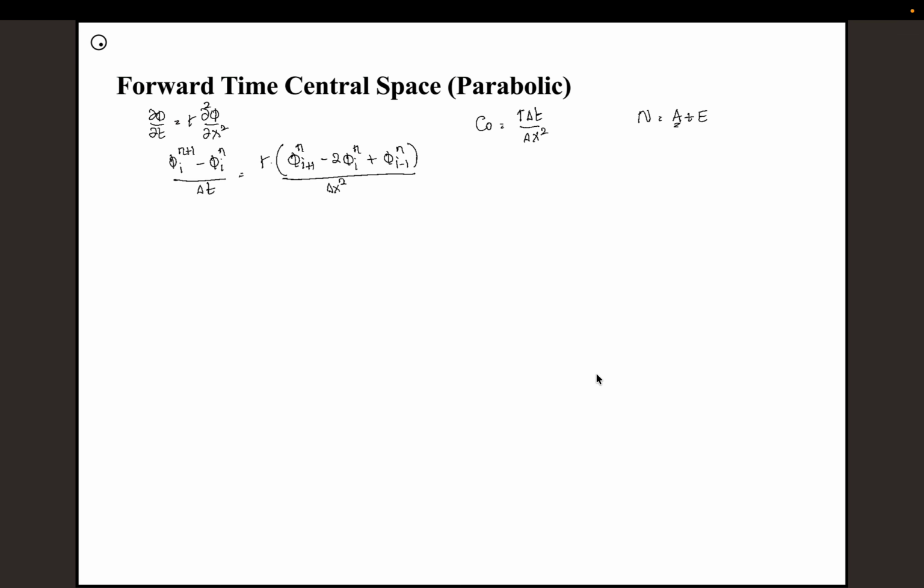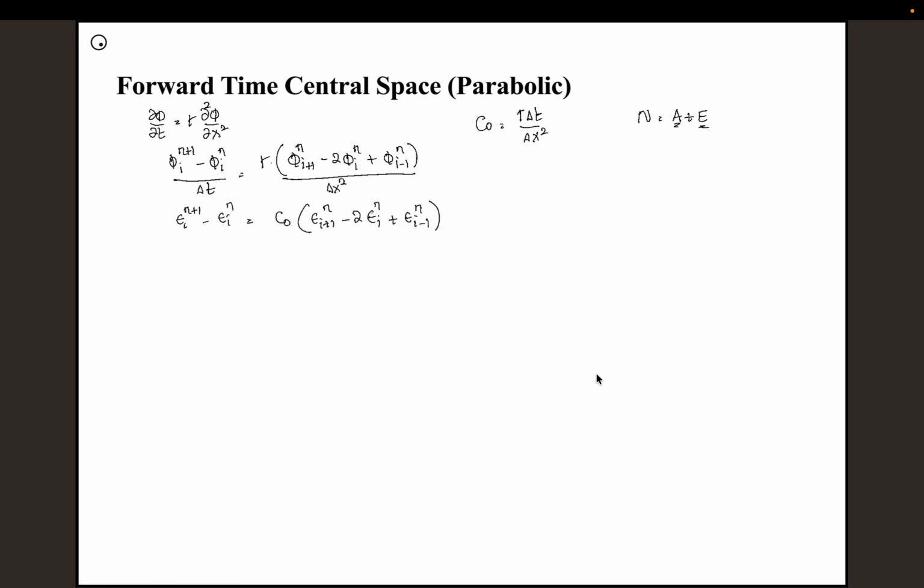So if I substitute the analytical component into this, the term would actually go to 0. The only thing that is remaining will be the error terms. So I can just write this as epsilon i plus 1 n minus 2 epsilon i n plus epsilon i minus 1 n.